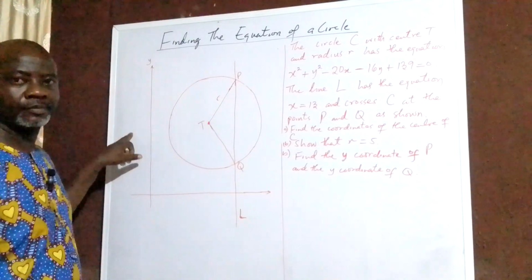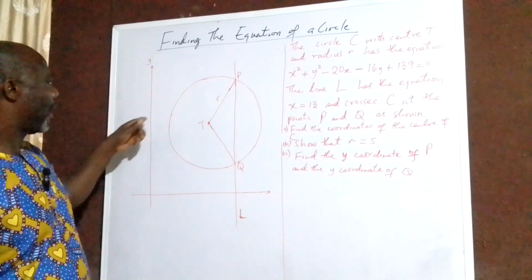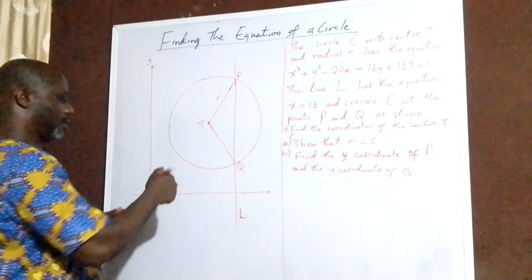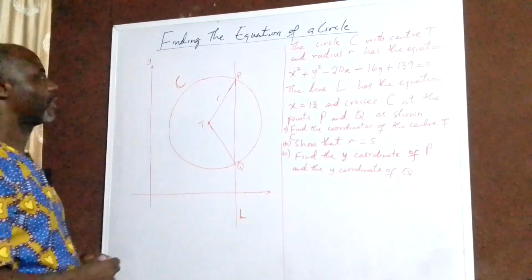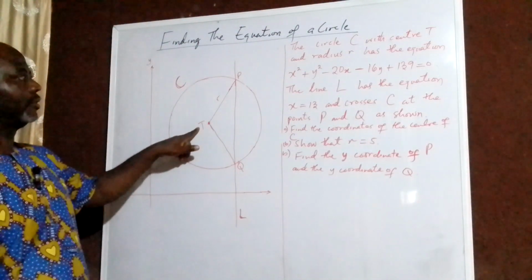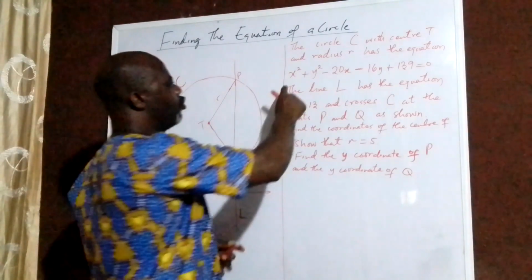This is the diagram, and we have a circle C, center T, and this is the equation.